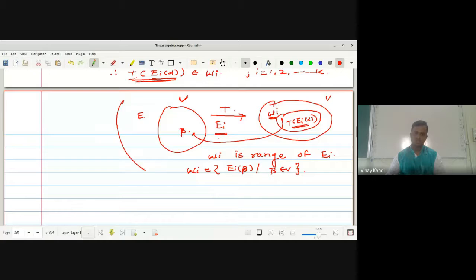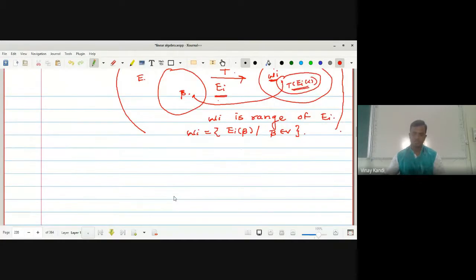This is not part of the proof, it is only for understanding. So here, T of Ei of alpha is equal to Ei of beta, for some beta belongs to V. Is it correct?